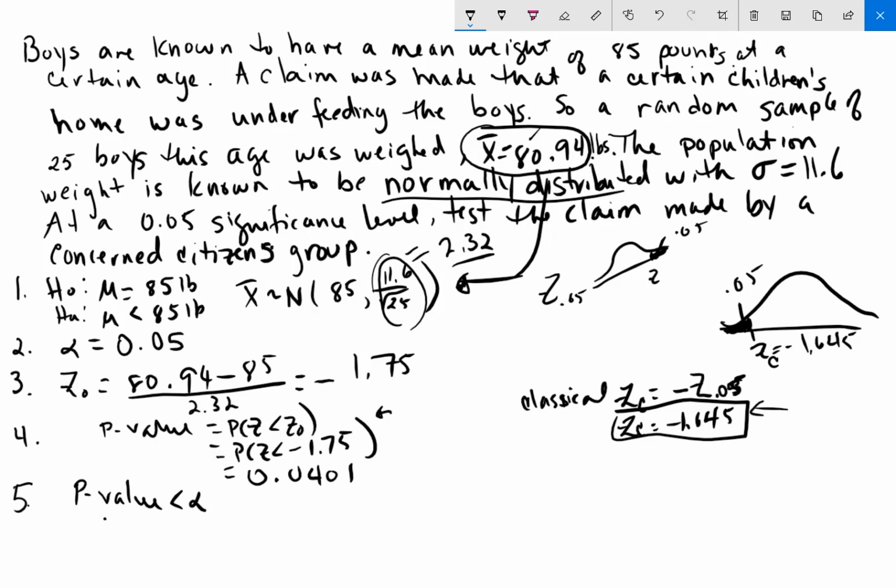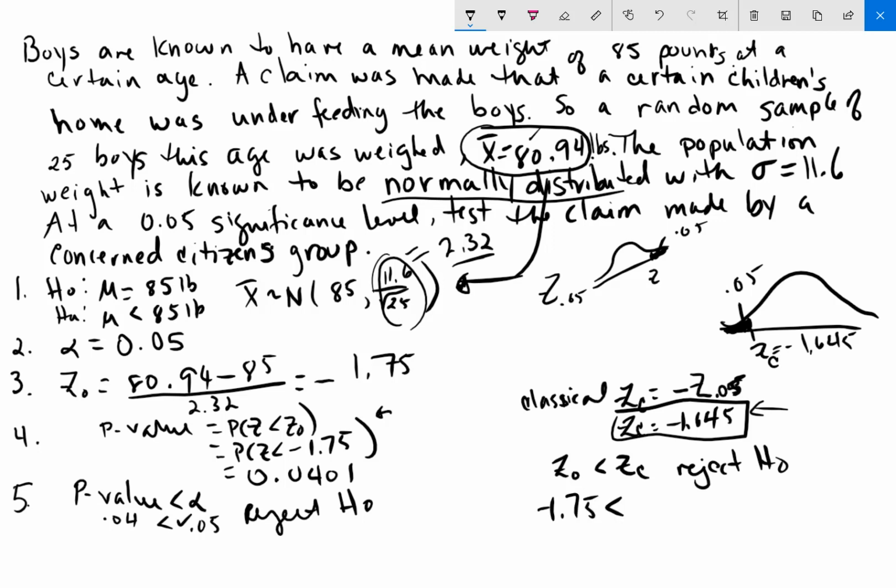And our p-value, 0.04, truly is less than 0.05. That's correct. So we're going to reject the null hypothesis. And over here, we should get the same thing. On a left-tailed test, if my test statistic is less than my critical value, I reject the null hypothesis. And in fact, my test statistic, negative 1.75, is truly less than negative 1.645. So once again, we reject the null hypothesis.